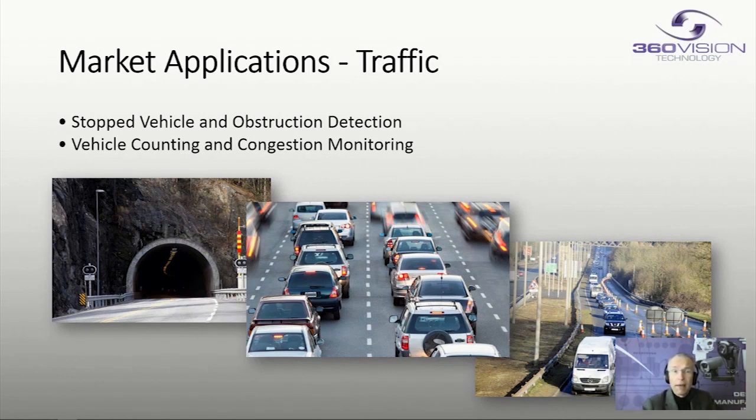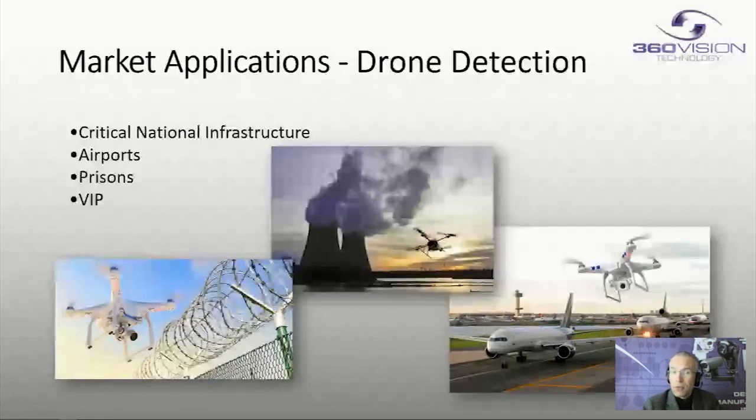So there's traffic, but there's also perhaps drone detection. Different types of radar technology you would use for these, but the principles are the same. Drone detection is something which has entered, of course, the security marketplace. There are multiple threats provided by drones, as well as, of course, huge benefits by having such devices around.